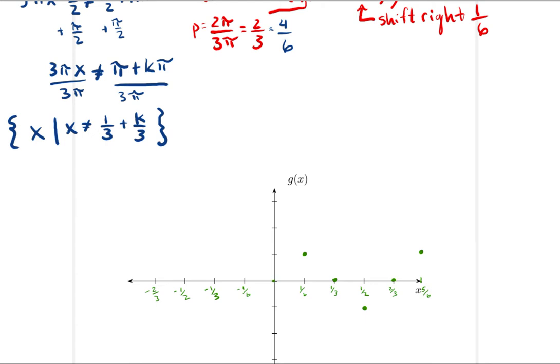But once we get this graphed, and this is totally optional, by the way, if you would rather just remember what secant looks like, then go for it. But a lot of people like this method because it allows you to start with something comfortable.